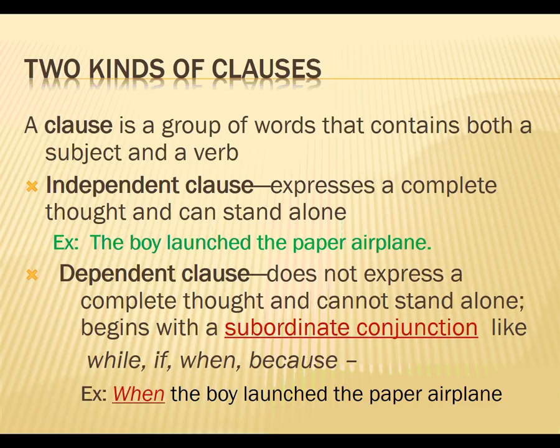The subordinate conjunction is when, the subject is boy, the verb is launched. The clause, therefore, is dependent and it cannot stand alone. We will discuss more about dependent clauses in a lesson on complex sentences.